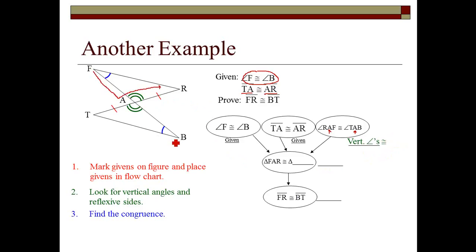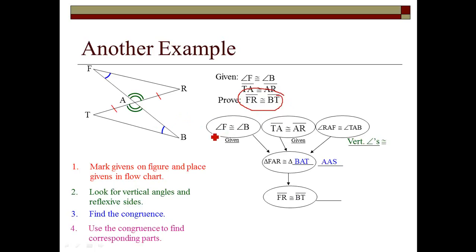Well, F matched with B, A matches with A, and then T. This is because we have angle, angle, side. And again, my final goal was to get FR congruent to BT. Well, those are corresponding parts of the triangles. So, congruent triangles gives me congruent parts.